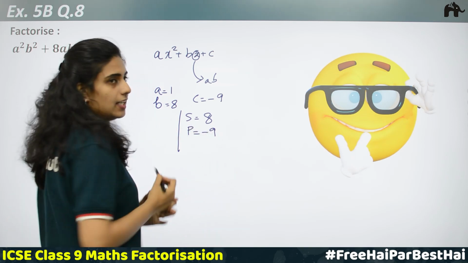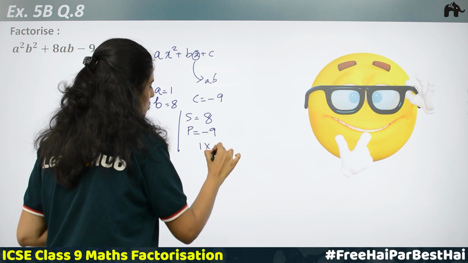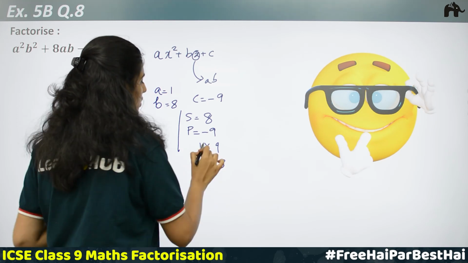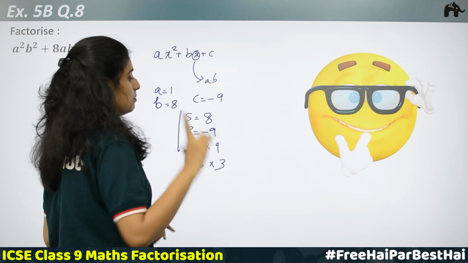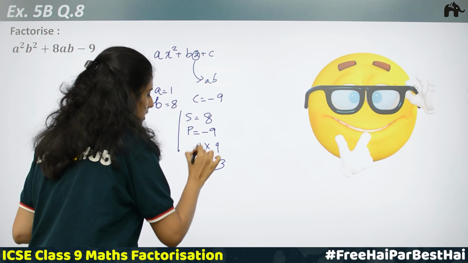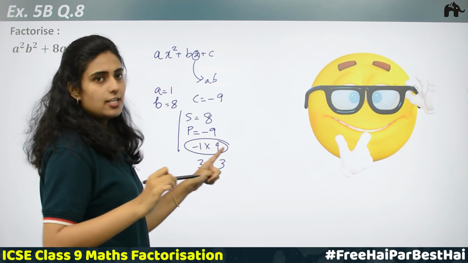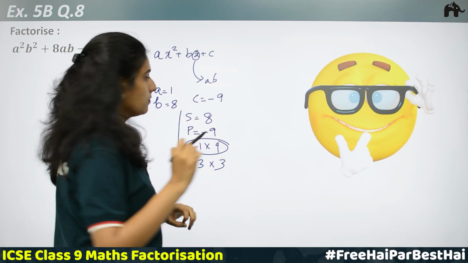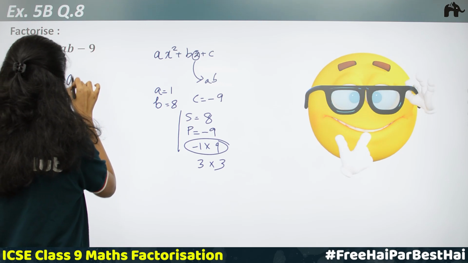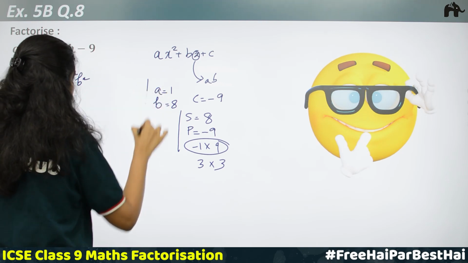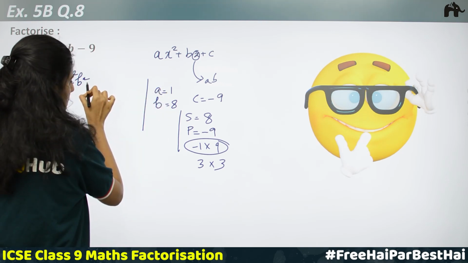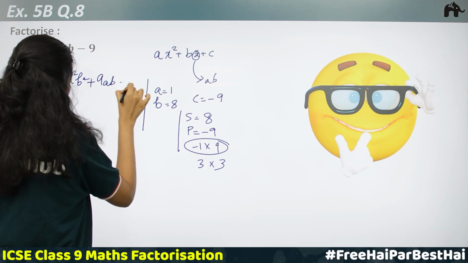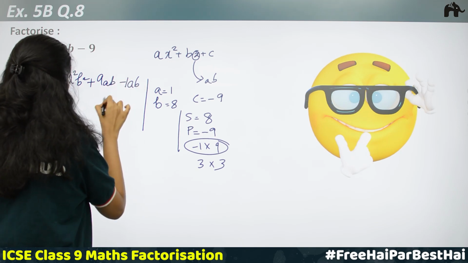Okay, so when do we get 9? 9 is 1 into 9 or 3 into 3. Okay, when you take 1 into 9, the greater number should be positive, the other number should be negative. So minus 1 and 9. Okay, so minus 1 plus 9 is 8. So this becomes a square b square plus 9ab minus 1ab minus 9.